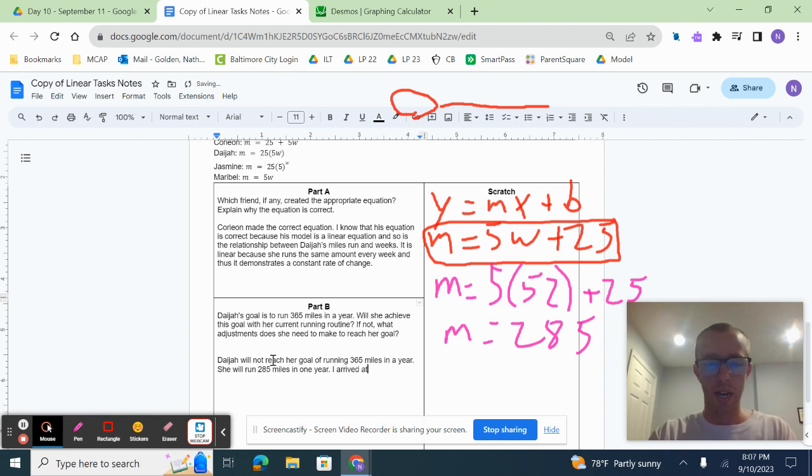I arrived at this answer by plugging in 52 to W in my equation because there are 52 weeks in a year. Then I solved for M and got 285. All right. So now I've answered the question and I explained how I got it. Boom. This is a perfect answer.